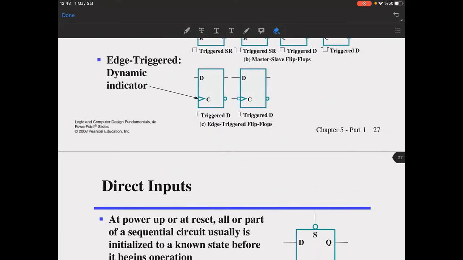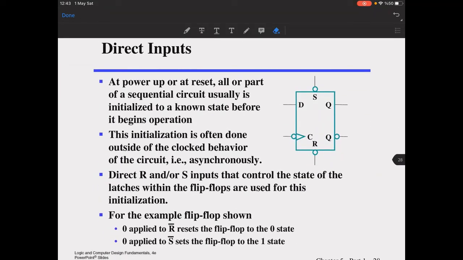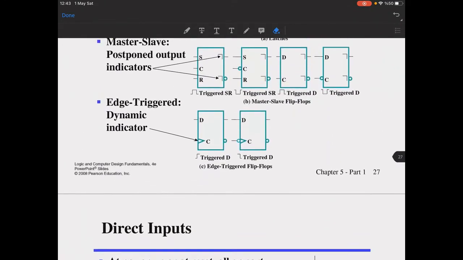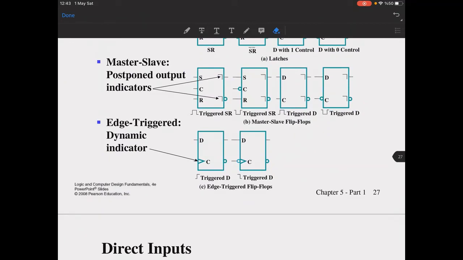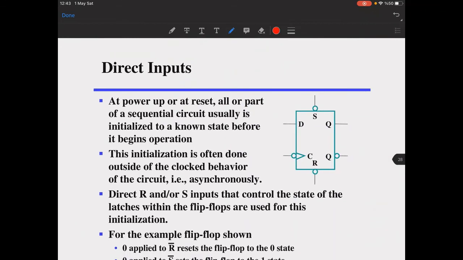That's it. These are the symbols that you can put in your own works or when you're answering your questions in the exam. And what about the direct inputs here? At power up or at reset, all or part of a sequential circuit is usually initialized to a known state before it begins operation. I have a flip-flop here, but does it start with 0 or does it start with 1? No problem here. You will have direct inputs like set and reset.